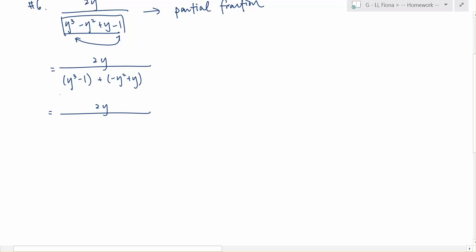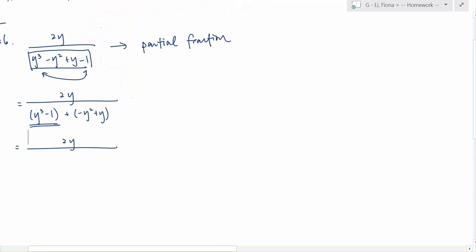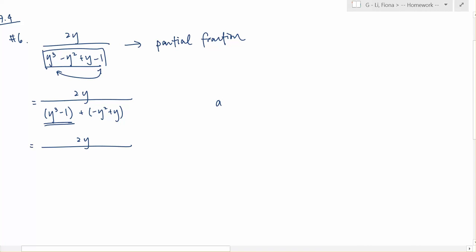So if you don't remember, this is a cube identity, and basically in maybe algebra 2 we have learned that a cubed minus b cubed equals a minus b times parentheses a squared plus ab plus b squared.